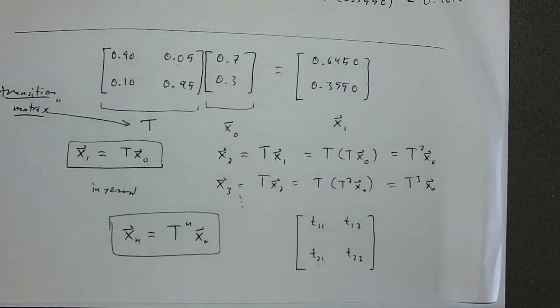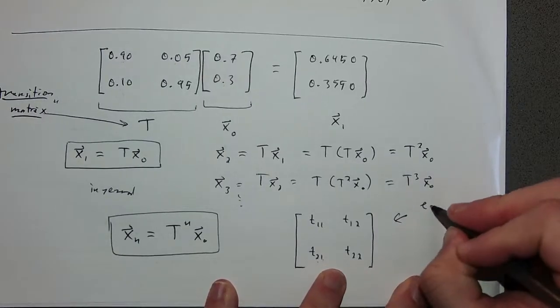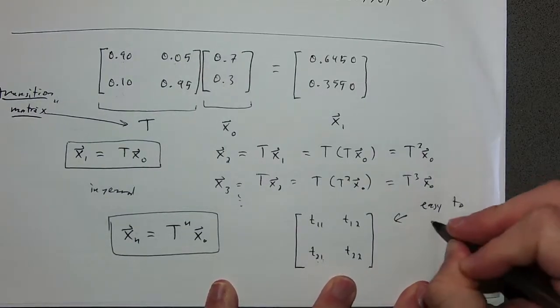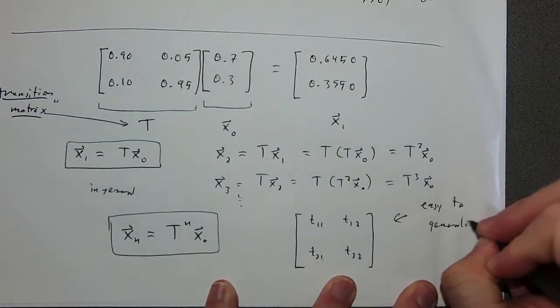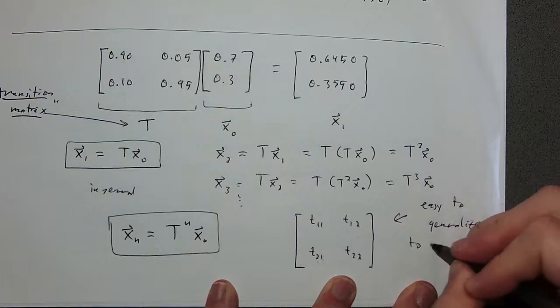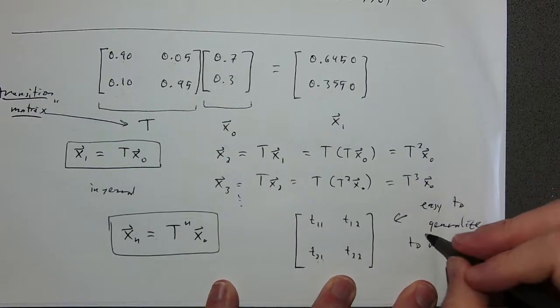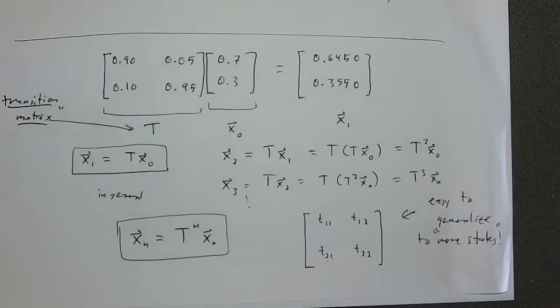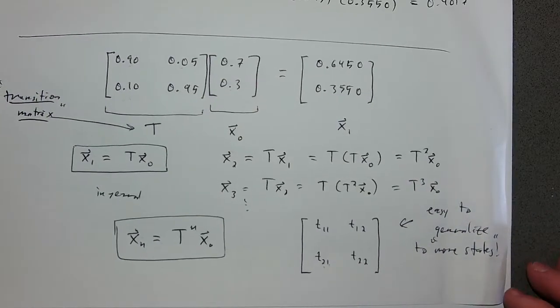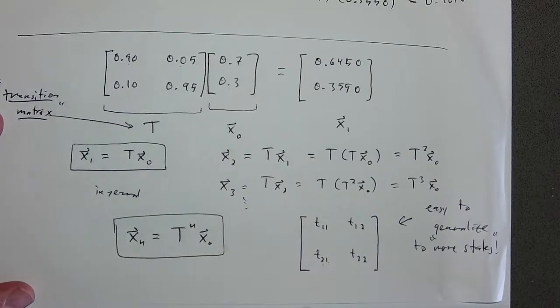So the nice thing about viewing it in this way is that it's easy to generalize to more states, which means we're making this a higher dimensional problem. So now if I altered this, maybe we'll just do it in the following way.